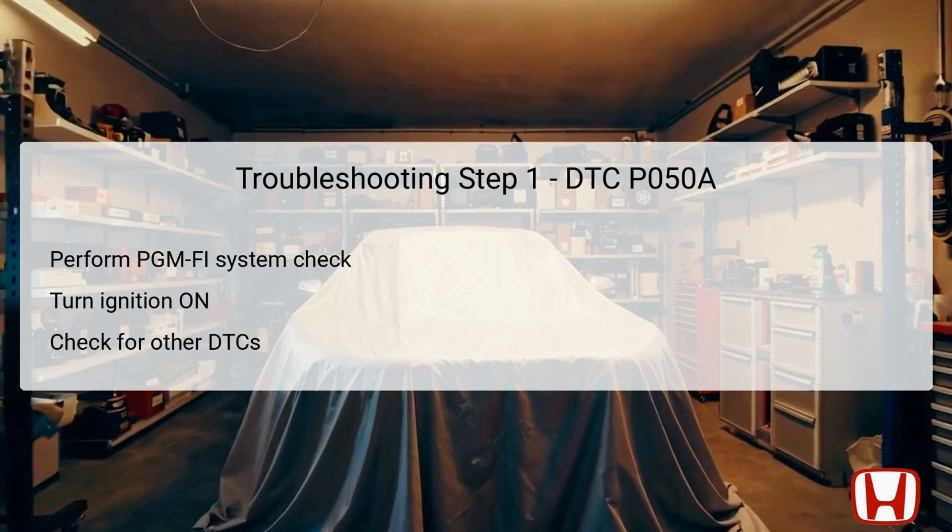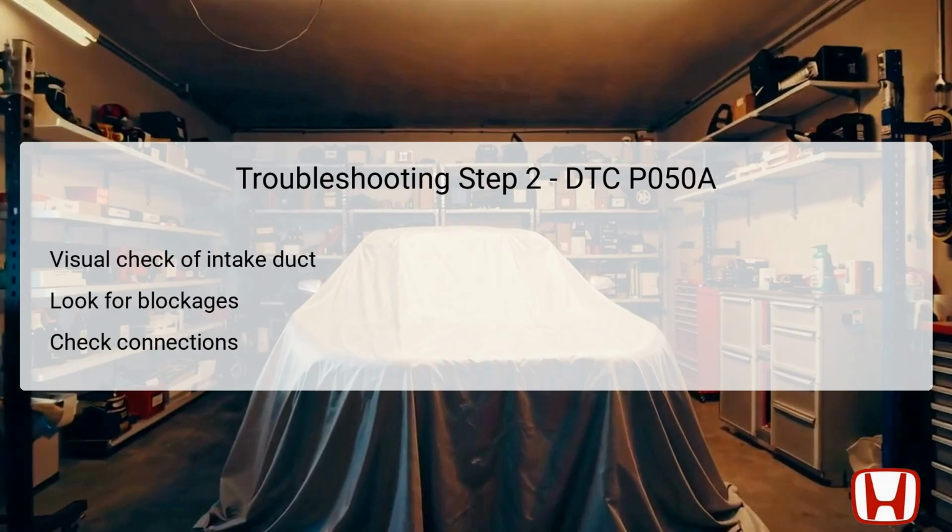If other DTCs are indicated, referring to their respective troubleshooting steps becomes essential. If there are no other codes, technicians should proceed to the next step. This step is crucial as it helps to define the context and scope of the issue, alerting technicians to any coexisting problems that may need attention.